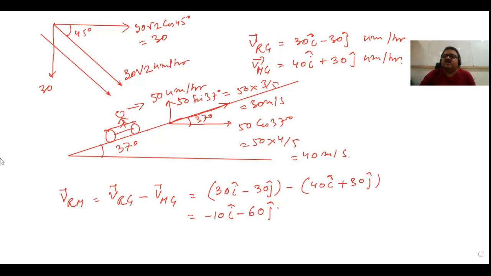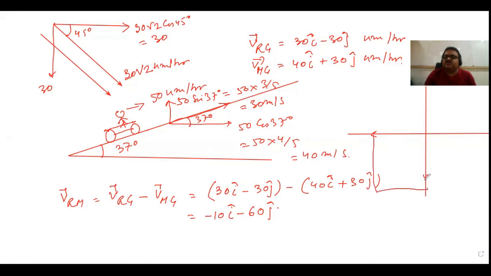Correct. Now draw a coordinate system. In this coordinate system, we are getting two components, minus 10 and minus 60. That means one component of velocity is along this direction and another component of velocity is along this direction.